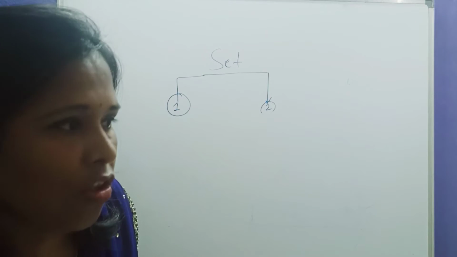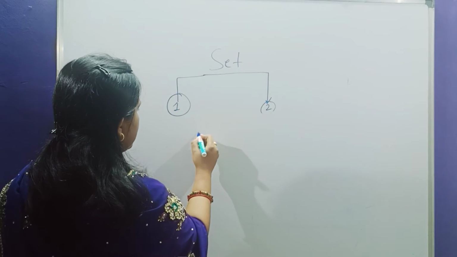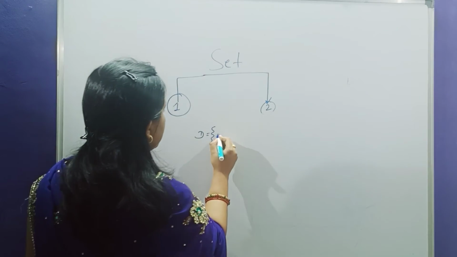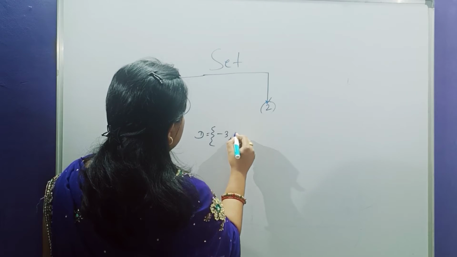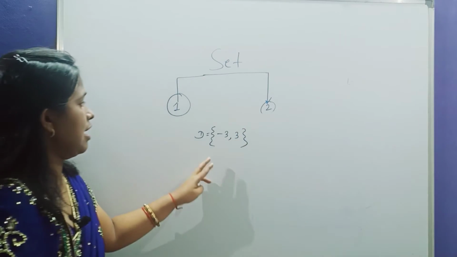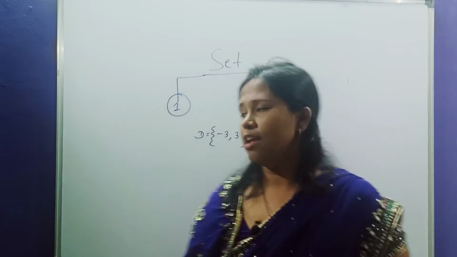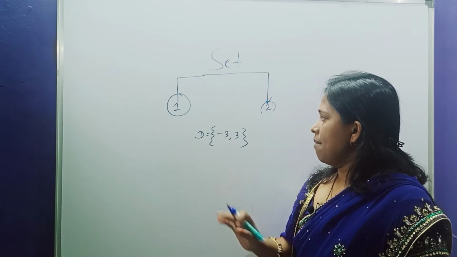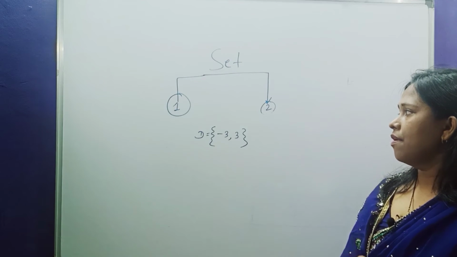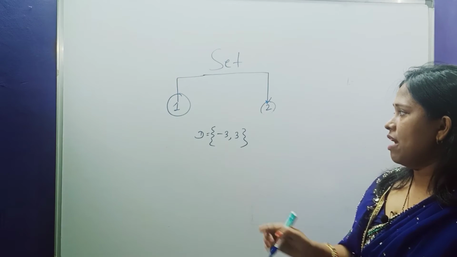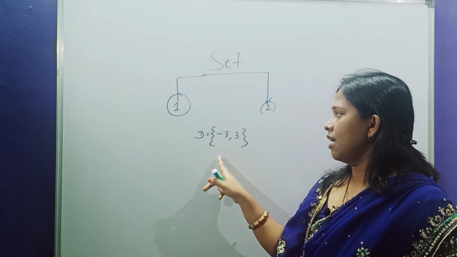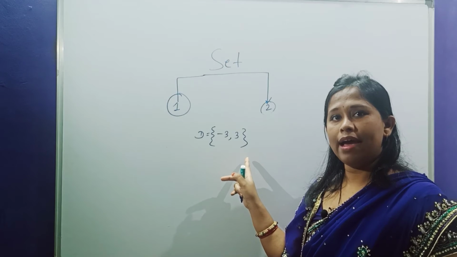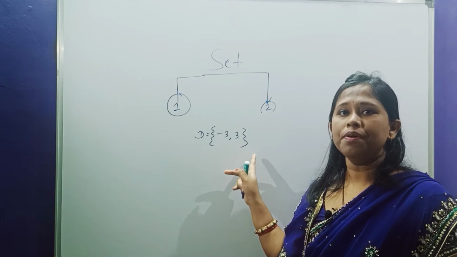Then suppose I am writing a set D. D is a set having elements -3 and 3. So this is an example of a set in listing method. The elements are -3 and 3. If I am writing this in another form, you can write down x such that x is an element of the set where x square is equal to 9.